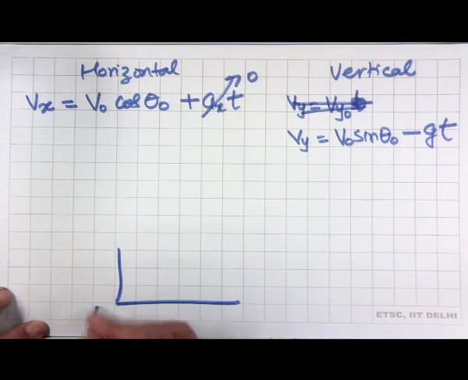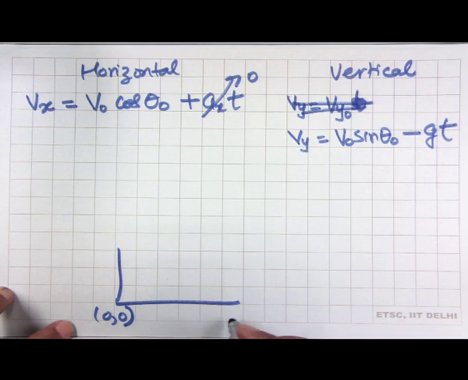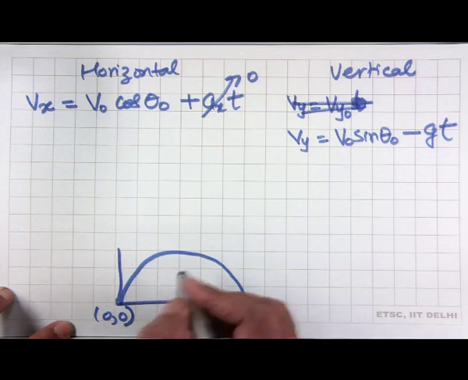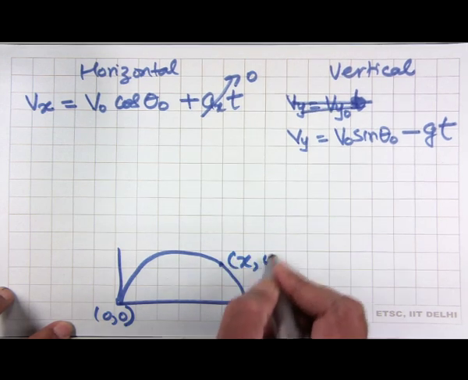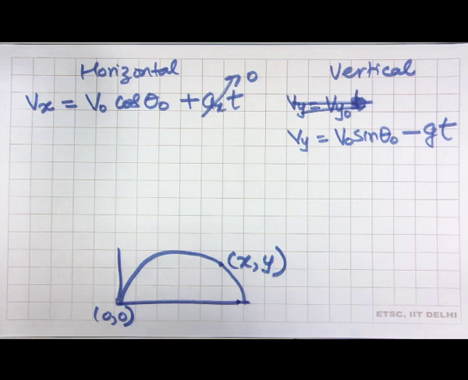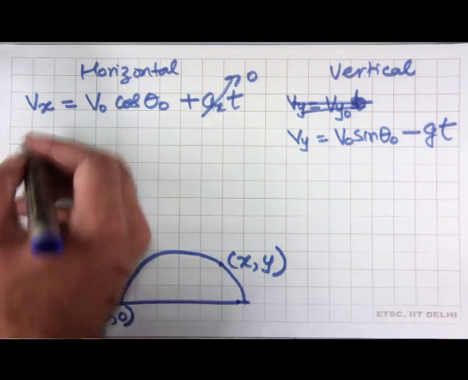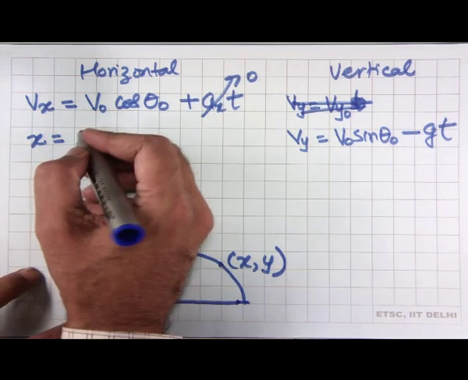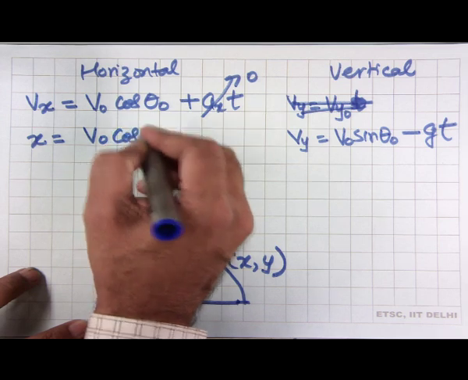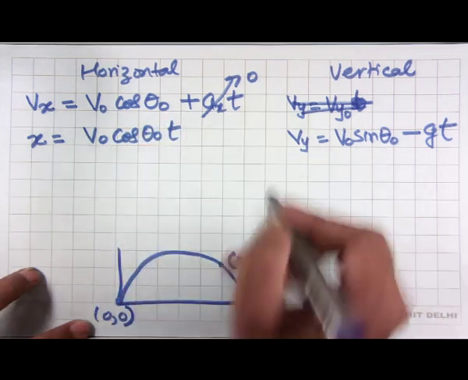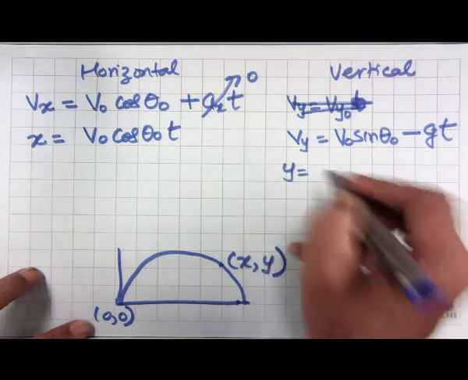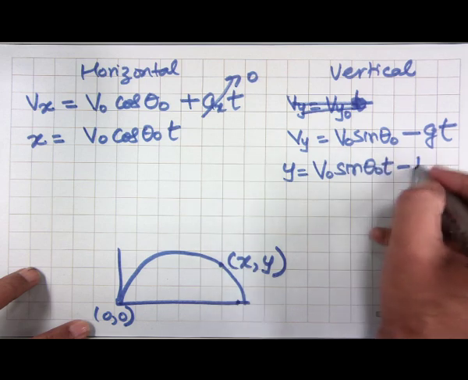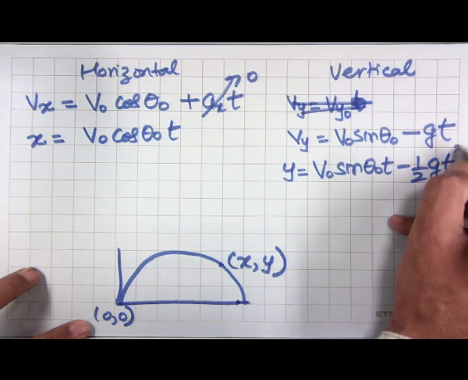Now if we write the distance travelled in the x direction, let us make this small picture again. We start from a coordinate of 0 0, and then the projectile travels a path. We want to find out at any location x comma y what the coordinates are. The x coordinate will be given by x0, which is 0, plus v0 cos theta 0 t, and the y coordinate will be given by v0 sin theta 0 t minus half g t square.